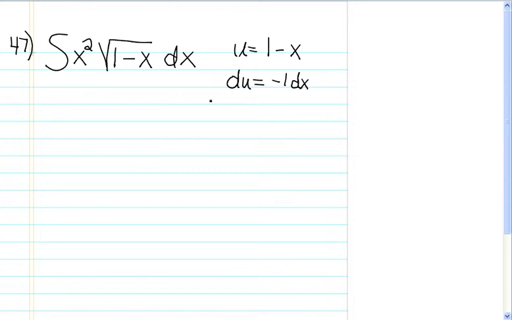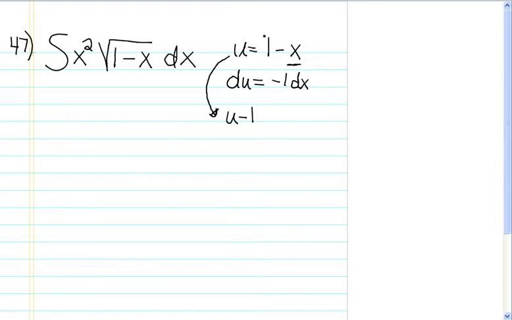Now you might look at this and say, well, I don't have negative 1 dx, I have x squared dx that I need to get rid of. So there's a little trick to take care of a problem like this. Since I know that u equals 1 minus x, I can solve for the variable x in terms of u.